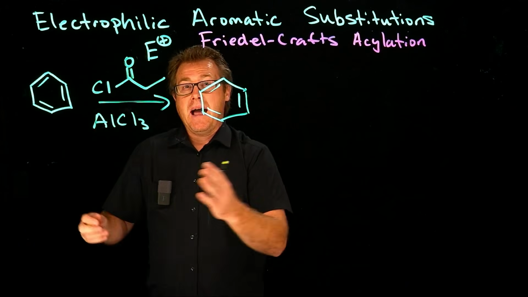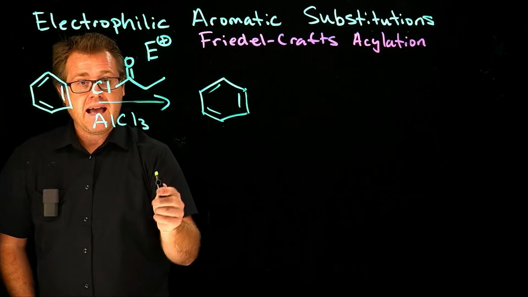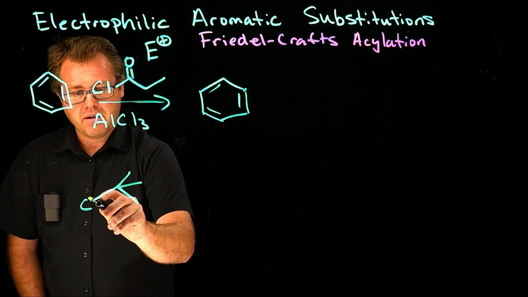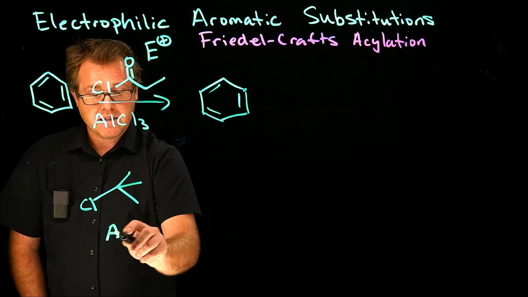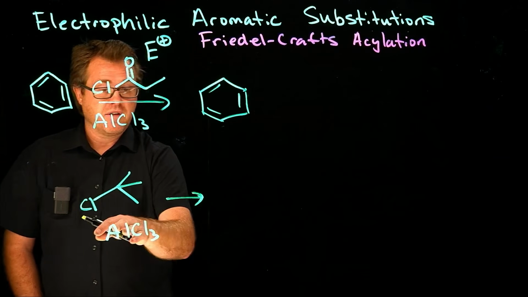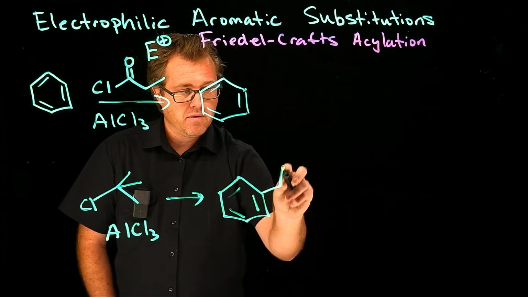So let's just go back to Friedel-Crafts alkylation. Friedel-Crafts alkylation is when you take an alkyl halide like this, treated with the Lewis acid, and we eventually convert that into our product that looks like this. All right.